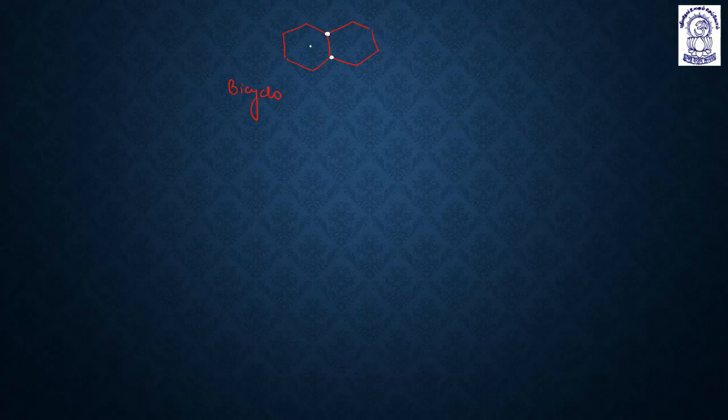Apart from the bridgehead carbons, we always take the other carbons, like for example 1, 2, 3, 4, 5, 6, 7, 8. Total carbons are 10. Please remember, total are 10 carbon atoms.